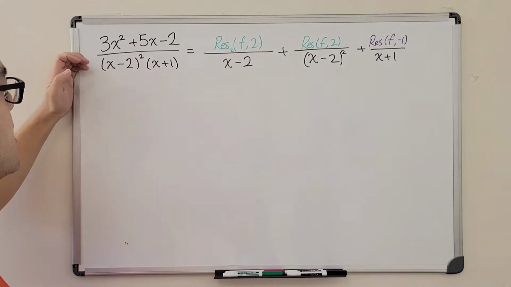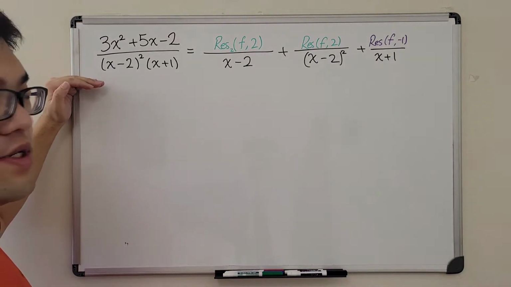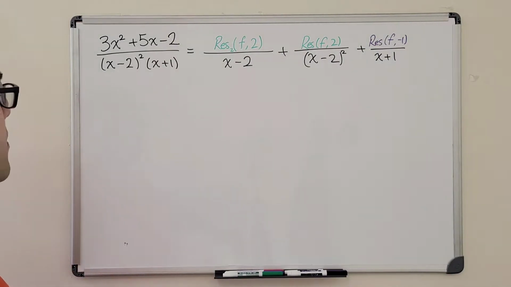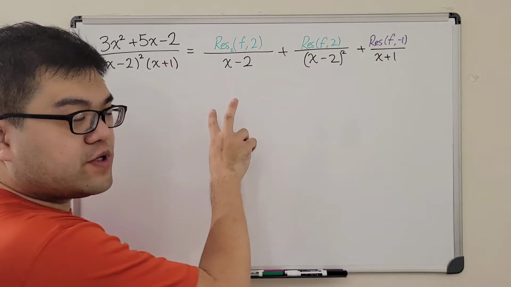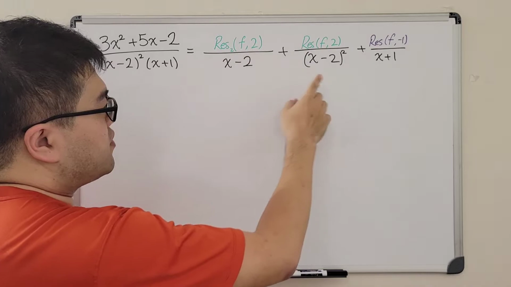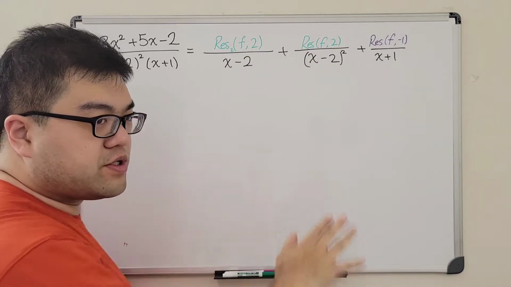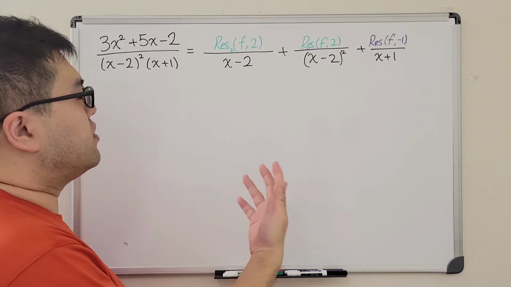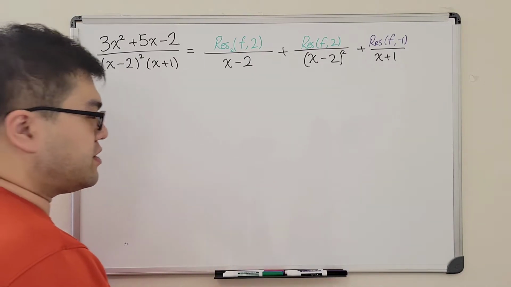which this time has, of course, x minus 2 and also x plus 1 in our denominator still. But there's a little difference between the first example and the second example. In the first example, all the denominators go up to the first power, meaning they're all linear.